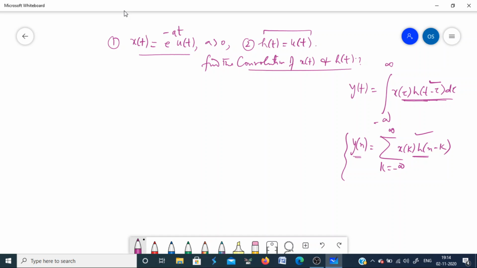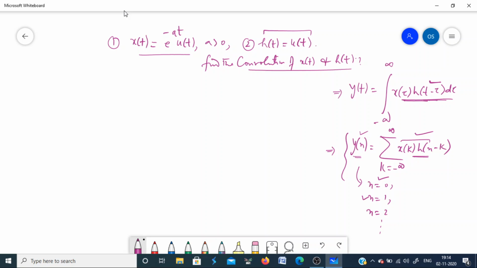The major difference between these two is that in the discrete case, you find the output sample by sample. That is, you find for n equal to 0, then n equal to 1, n equal to 2, and so on. For n equal to 0, we just fold one signal, multiply with another, and add, and you get y(0).